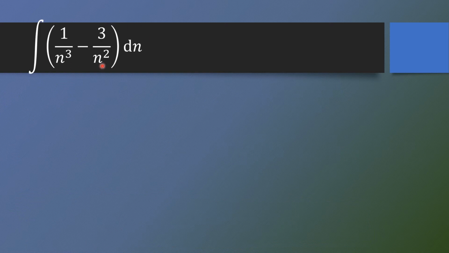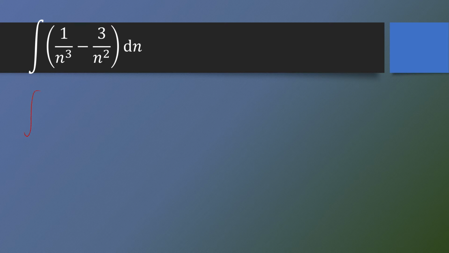In the next problem, we have the integral of this function. Before we do the integration, make sure our function is already in a sum or difference form. So we need to do some manipulation to change this expression into a sum or difference function.